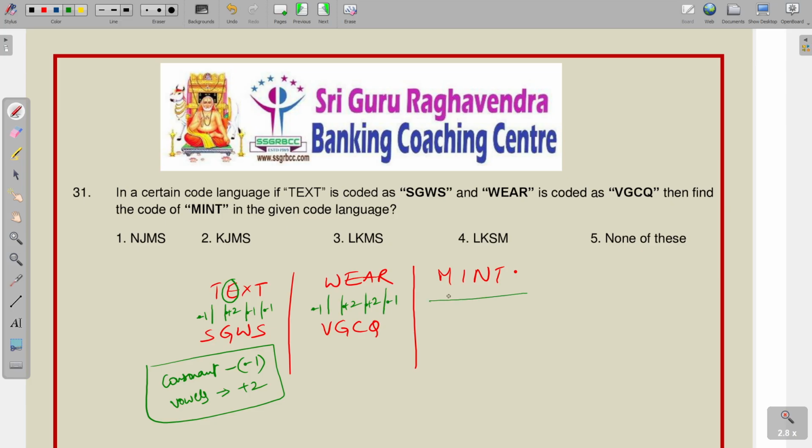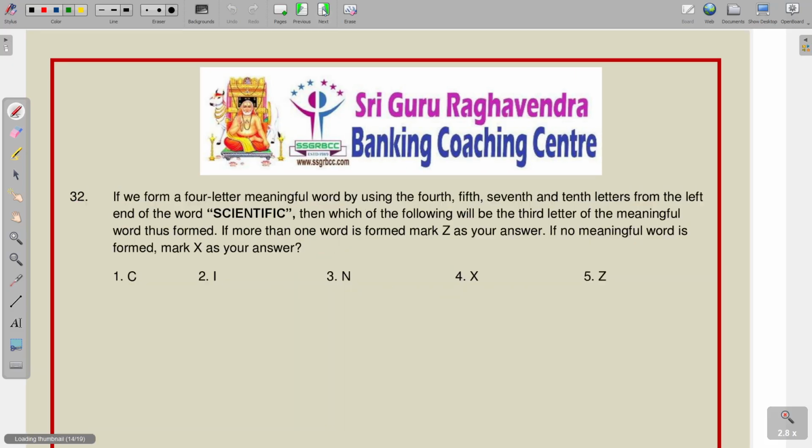So the same way we have to find it for mint. So M before L, minus 1, I, J and K. K is the code here, and next N before M, and next T, T before S. Okay, LKMS is the answer, option 3.